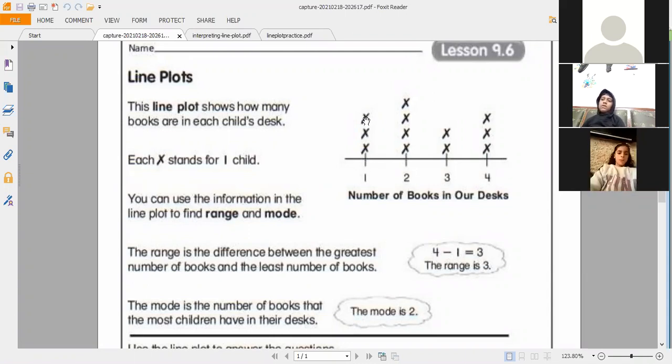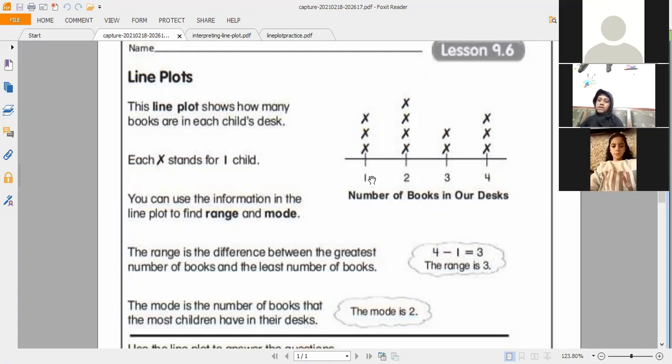And these X's refer to the people, children, students, families. So if I want to know how many children have one book, I'm looking down. One book. This is the number of books.